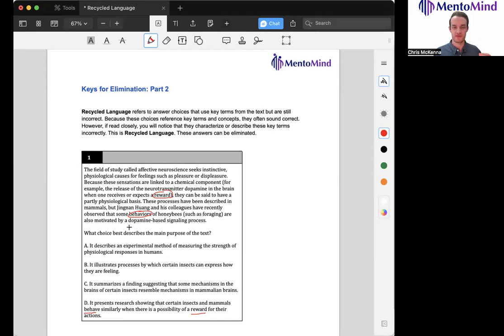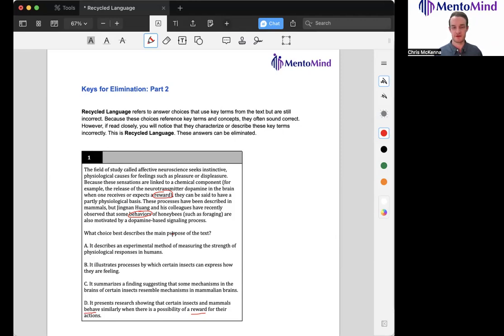We also have some discussion of a dopamine-based signaling process that occurs in insects, but that's as far as the text goes. We have a suggestion, a strong suggestion, that the same pathway and neurochemical process exists in the brains of both mammals and insects, but we have no direct discussion of any similarity in behavior. That's a problem.